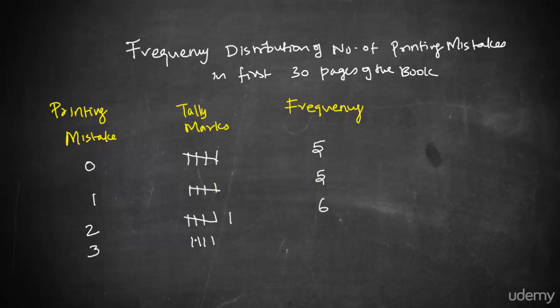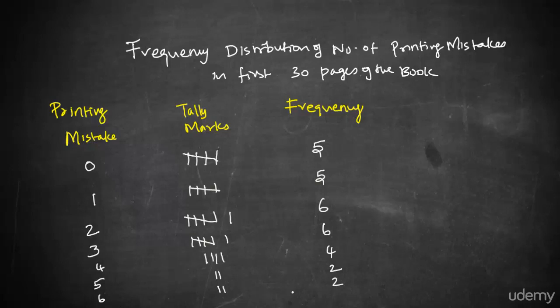You have 3 printing mistakes in again 6 pages. You have 4 printing mistakes in 1, 2, 3, 4, so only 4 pages. You have 5 printing mistakes in only 2 pages, and you have 6 printing mistakes in only 2 pages.